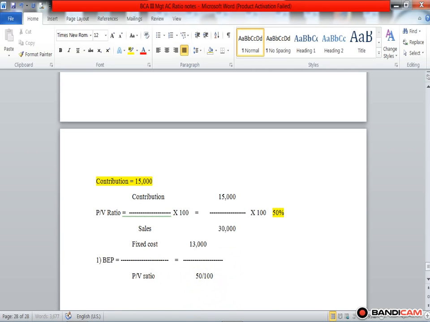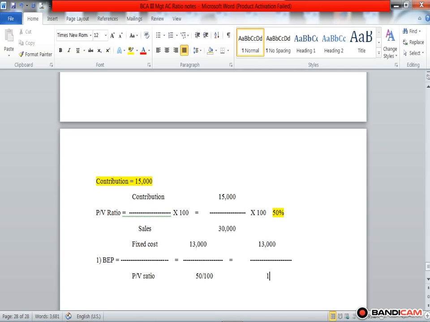So the 50 divided by 100 on this side goes to the other side, multiplied by 13,000, with 1 considered as the denominator.